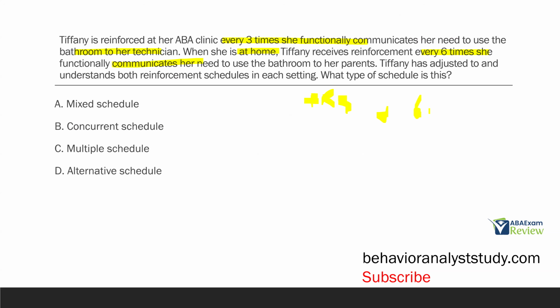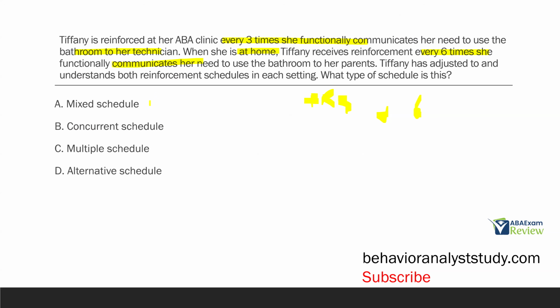Now, it's in 2 different environments, right? And it's seemingly going to be either rotating randomly or rotating sequentially, depending on where Tiffany's at. So if we have 2 or more schedules that are rotating or introduced randomly, what would we consider those schedules? Would it be a mixed schedule?